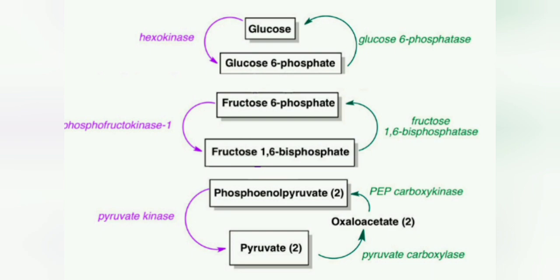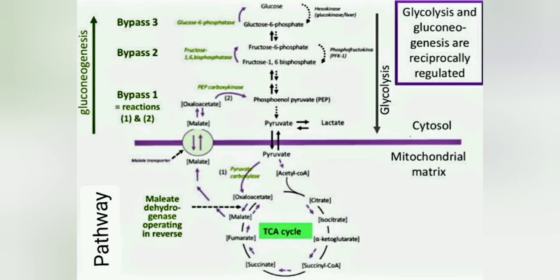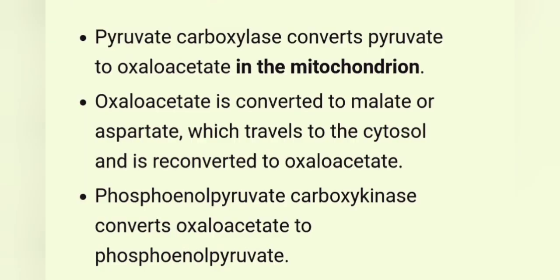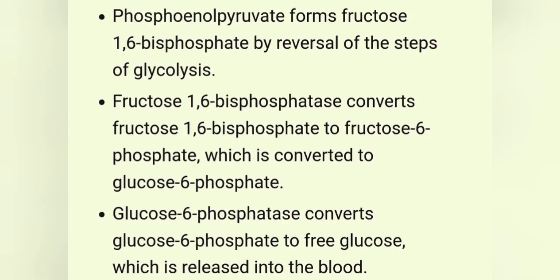So here you can see the oxaloacetate is first being converted to malate or aspartate, which travels to the cytosol and is reconverted to oxaloacetate. PEP or phosphoenol pyruvate carboxykinase converts oxaloacetate to phosphoenol pyruvate.